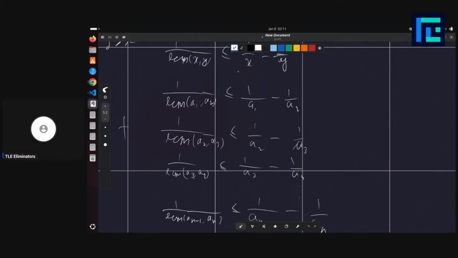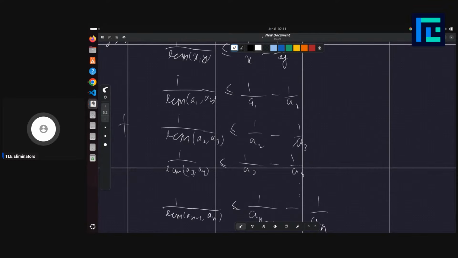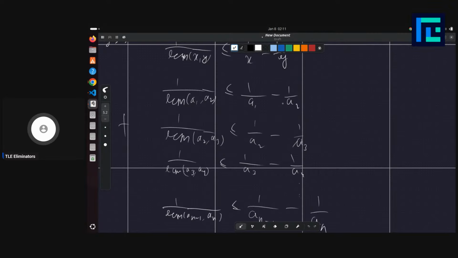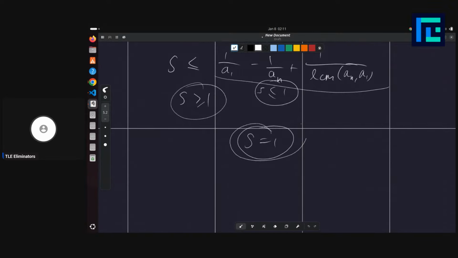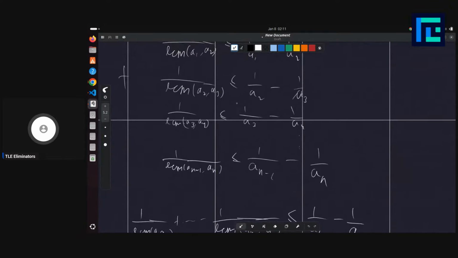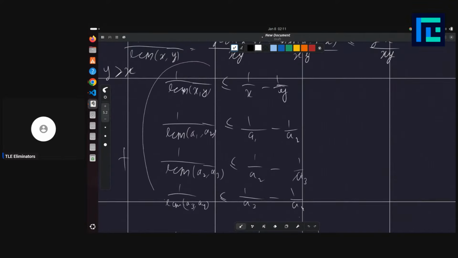Then I will get my required value 1. I'll have to have 1 upon LCM of a1 a2 equal to 1 upon a1 minus 1 upon a2. Then I'll have 1 upon LCM of a2 comma a3 equal to 1 upon a2 minus 1 upon a3. So basically, to have my sum equal to 1, I'll have to have a1 as 1, and also have all of these inequalities be equalities.